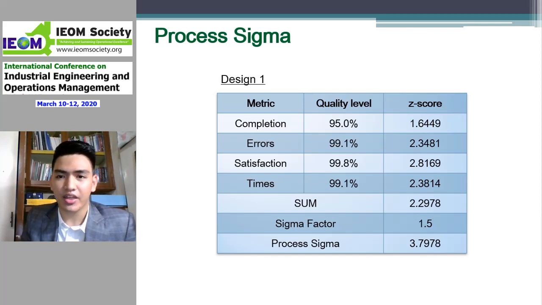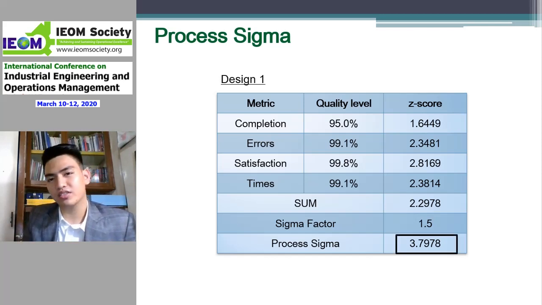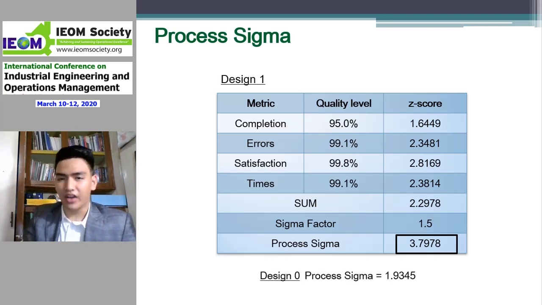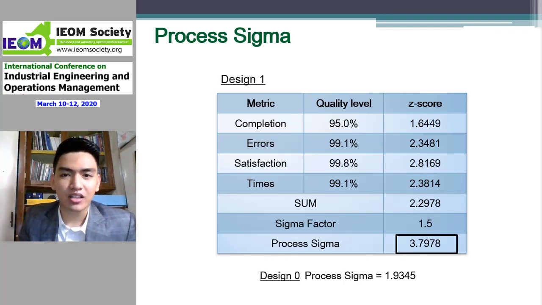And then they are standardized through their z-score equivalents. The resulting process sigma for design 1 is 3.7978. This means that the new design is operating at its 3 sigma level. From 1 sigma, the new design development resulted in 3 sigma.